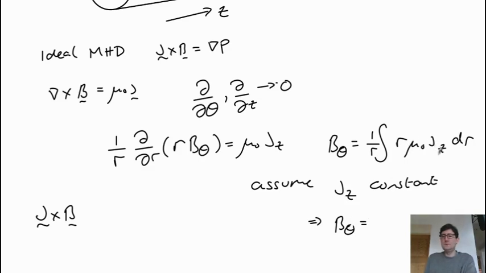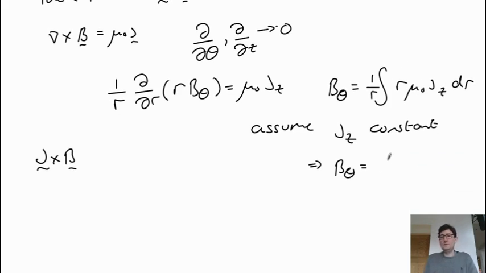This is all just constants, these mu naught and J_z, so this just becomes a half r squared. And so this whole thing just becomes mu naught J_z over 2 times r. And so the magnetic field is just linearly increasing with radius.